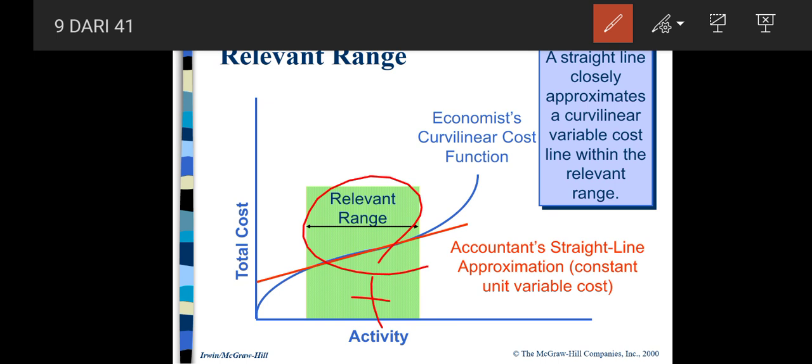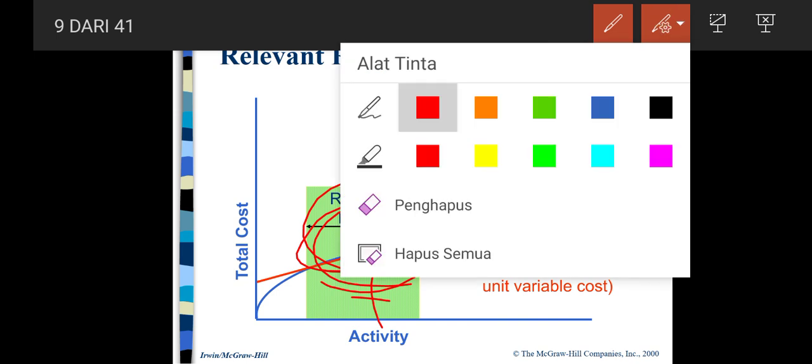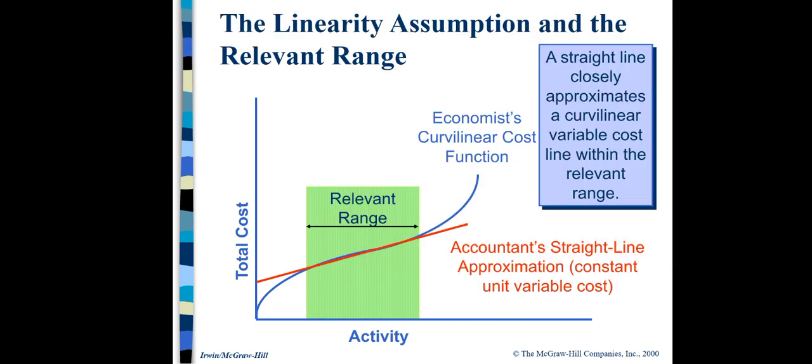Tapi kalau melewati ini, maka dia akan terus meningkat. Itu adalah kesimpulan dari dua asumsi ini, yang membentuk suatu relevant range. Okay, next.